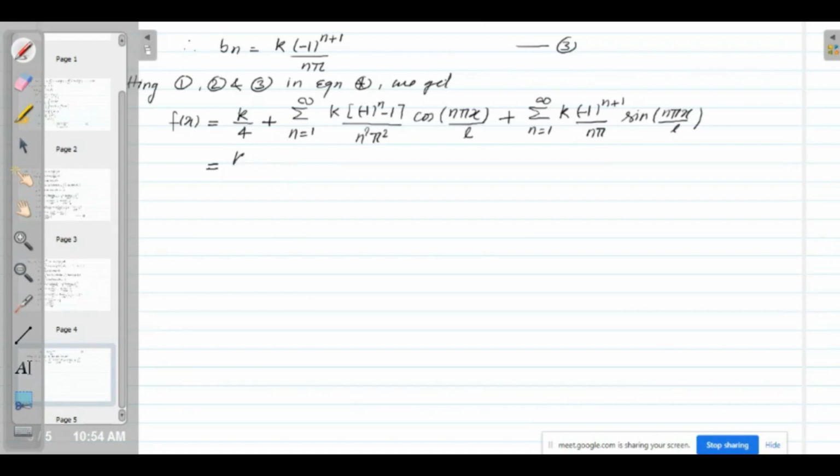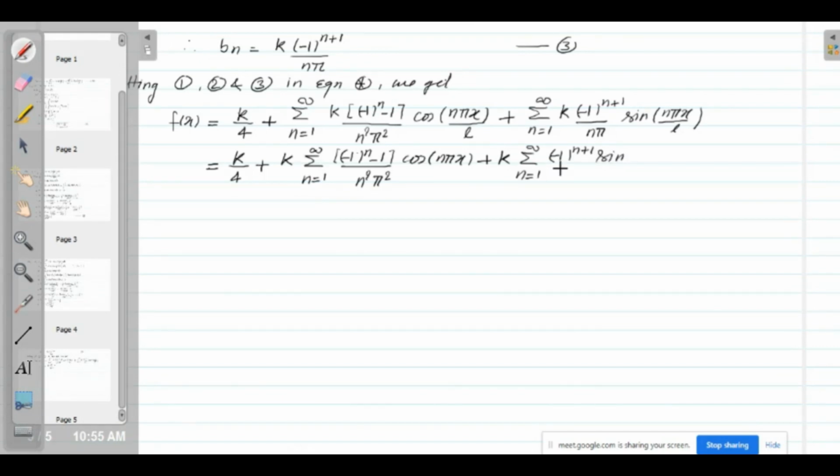So we'll have k by 4 and plus, k is outside, the sum running from n equal to 1 to infinity of minus 1 raised to n minus 1 divided by n square pi square, cos n pi x, and plus k is outside, the sum running from n equal to 1 to infinity of minus 1 raised to n plus 1 divided by n pi, and this is sine n pi x, since here l is equal to 1.